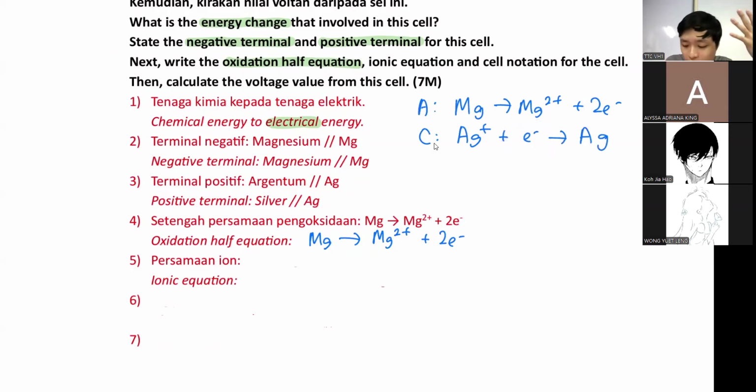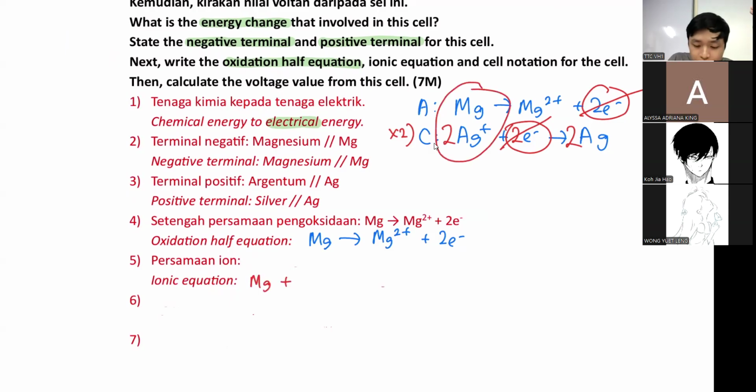So in this case, you check that the number of electrons is not balanced. This one is one, this one is two. So you multiply the cathode half equation by two, and then everything is two. Now no need to write the electrons. Write the leftover: Mg + 2Ag+ → Mg2+ + 2Ag.